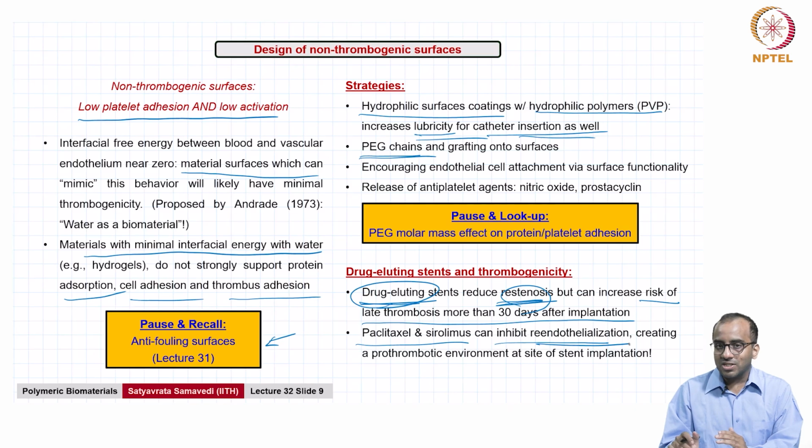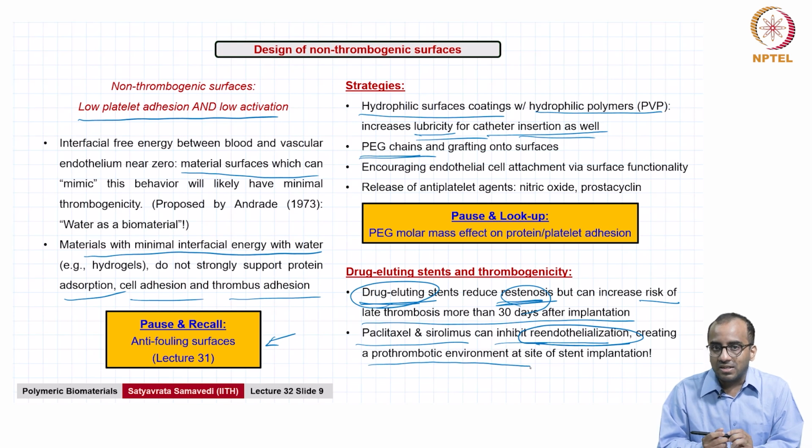So, if these drugs are anti-proliferative, they will delay or hinder or even prevent in some cases re-endothelialization of the inner lining of the blood vessel, thus creating a pro-thrombotic environment at the site of stent implantation. So, this is an interesting aside, but nevertheless, because it is related to thrombogenicity and biomaterial design, we are looking at this example in this context.